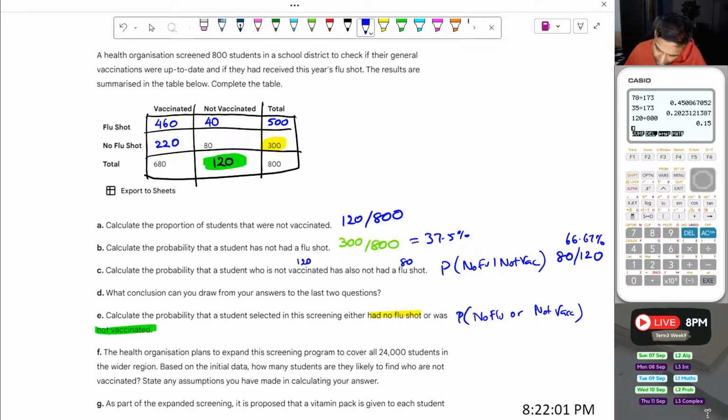So what you need to do is go 300 plus 120, take away 80, which gives you 340 out of the 800. So you should end up with 340 over 800, which is actually 0.425.